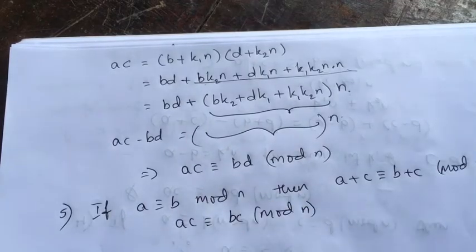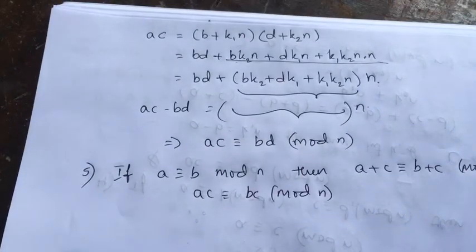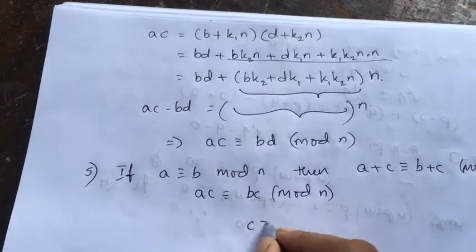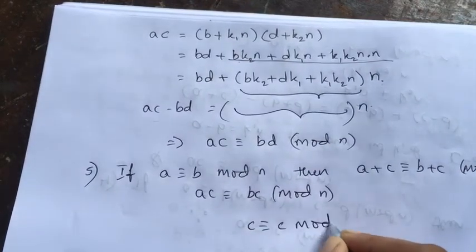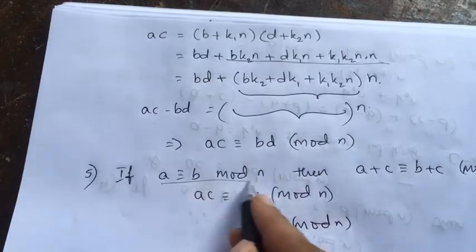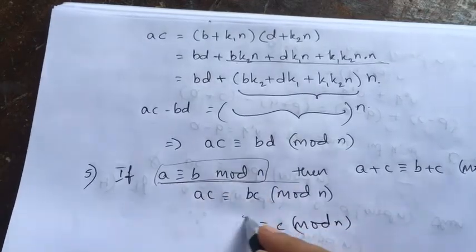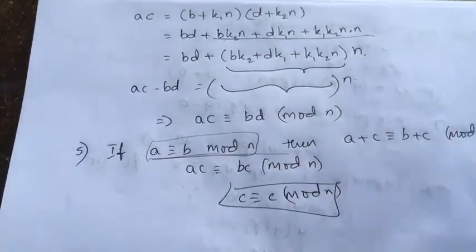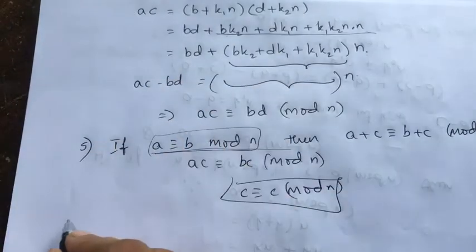This is the same as the previous one, just using the fact that C is congruent to C mod n, and A is congruent to B mod n. I'm proving it similar to the previous one, so I'm not going to do that.